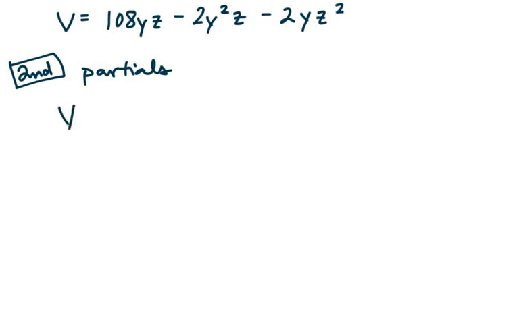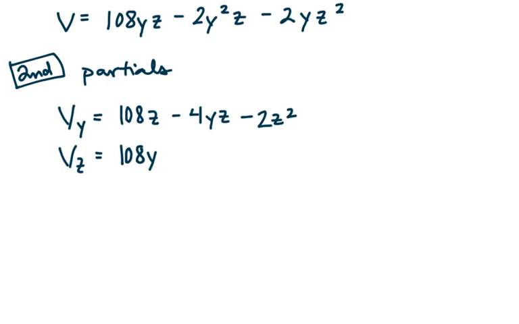So the partial of V with respect to y is going to be 108z minus 4yz minus 2z squared. Similarly, the partial with respect to z is going to be 108y minus 2y squared minus 4yz.